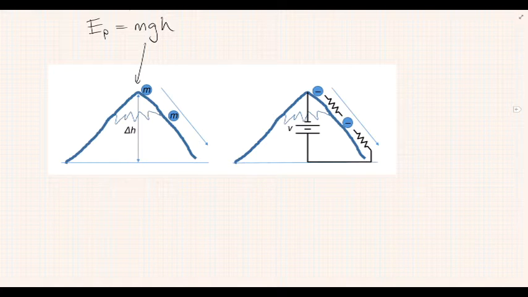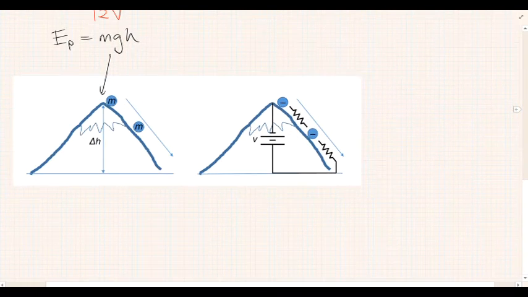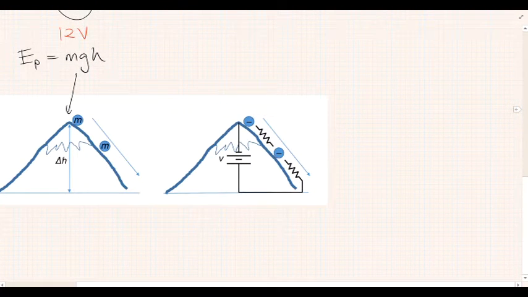And so we can think of this ball rolling down the hill in a similar way to defining voltage and what's going on with voltage. So on the right hand side here, we have like, I guess you can think of it as a voltage hill.